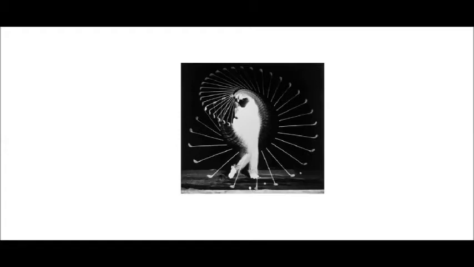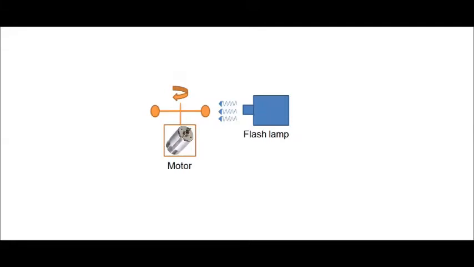For example, this picture was acquired while using the stroboscope. An idea is to have a simple model of a molecule which will be rotating fast by the motor, and the flash lamp which will be the source of the short pulses.